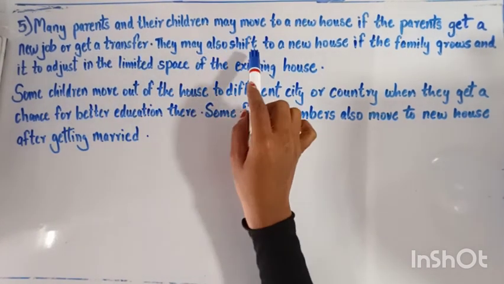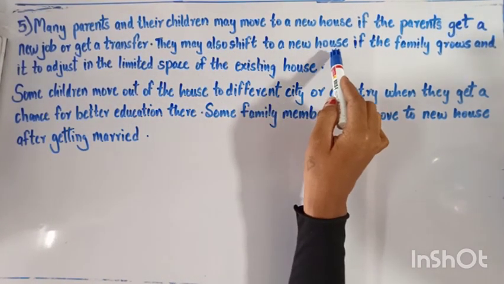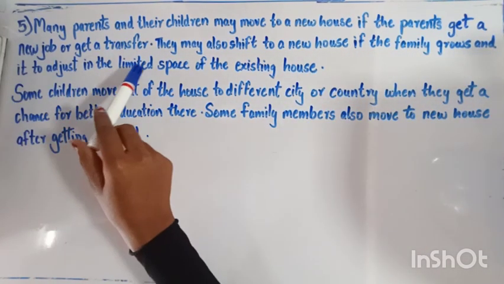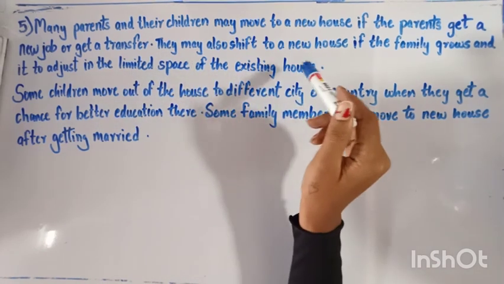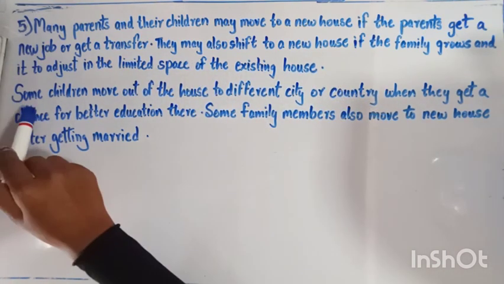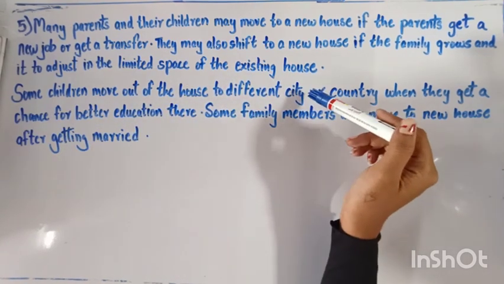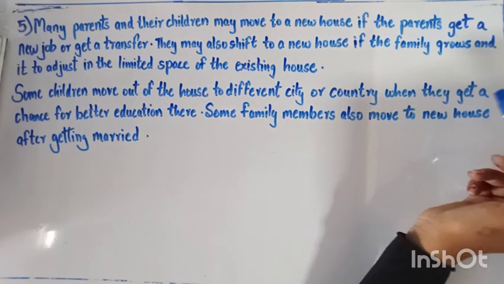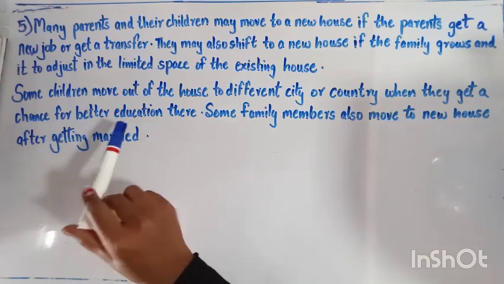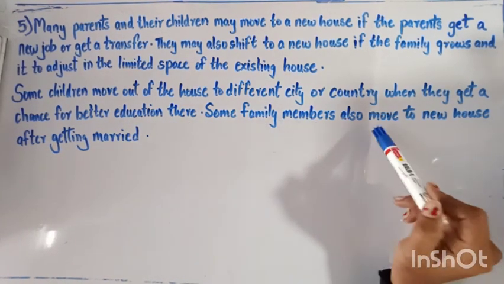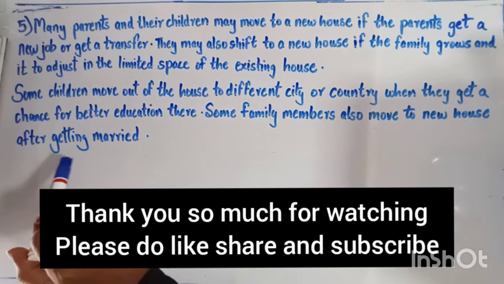They may also shift to a new house if the family grows and it needs to exist in the limited space of the existing house. Some children move out of the house to a different city or country when they get a chance for better education there. Some family members also move to a new house after getting married.